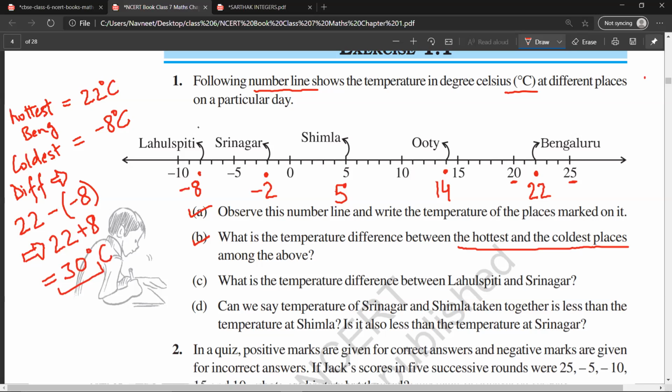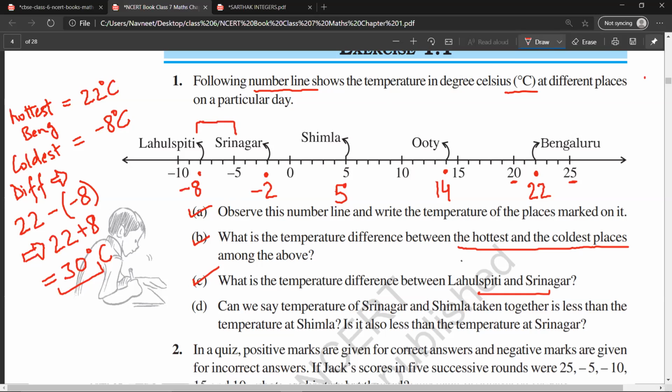The difference between Lahaul Spiti and Bangalore would be 30 degrees Celsius. Yes, sir. Okay. What is the temperature difference between Lahaul Spiti and Srinagar? Basically, we want -8 and Srinagar.